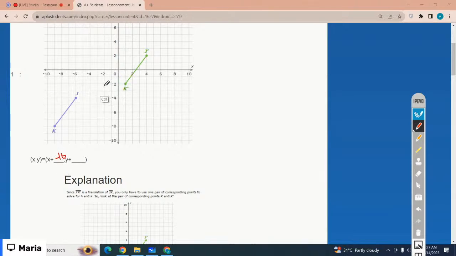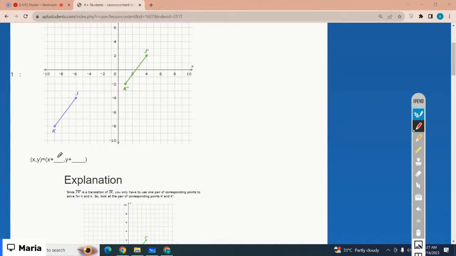Hold on, for K, I'm looking. K dash. Move one, two, three, four. This is the translated one, right? One, two, three, four, five, six, 7, 8, 9, 10. You moved 10 right, right?